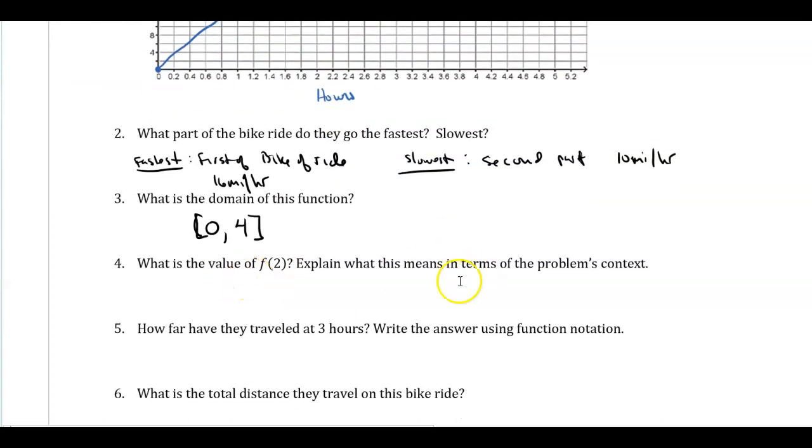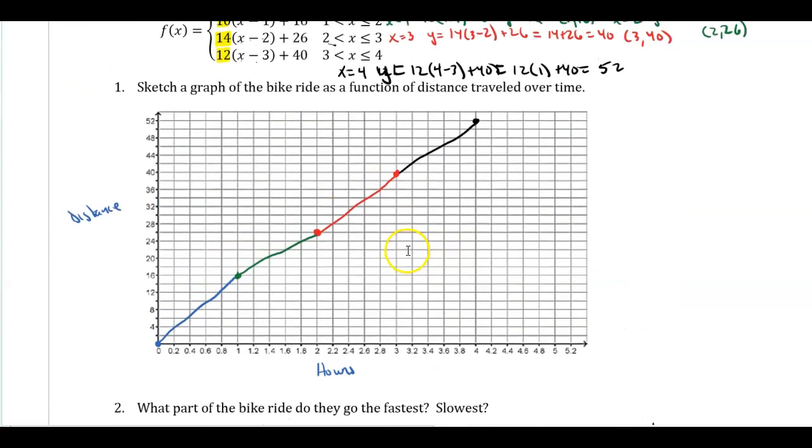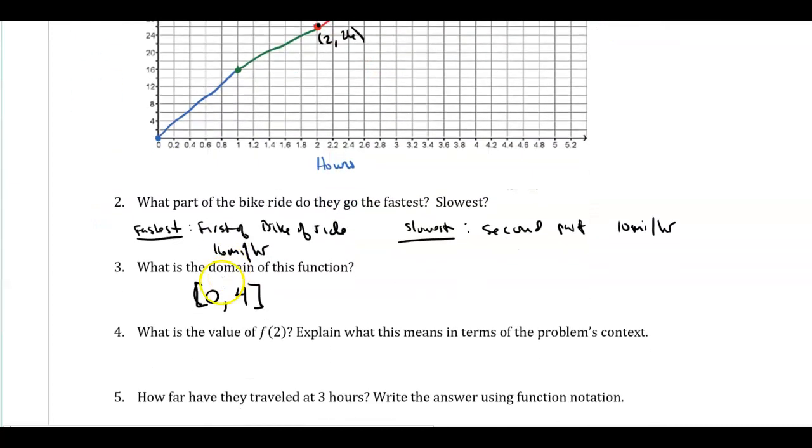Okay, what is the value of f of 2? And explain, right? Well, f of 2, when x is 2, y is 26, right? Which means if f of 2 is equal to 26, that means after 2 hours, they rode 26 miles.